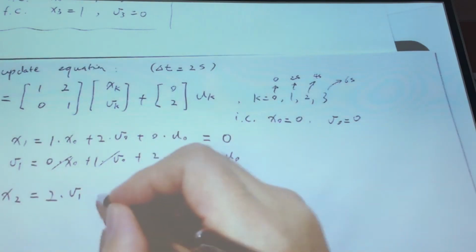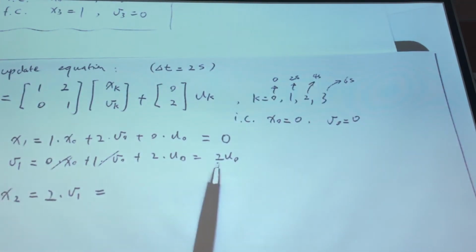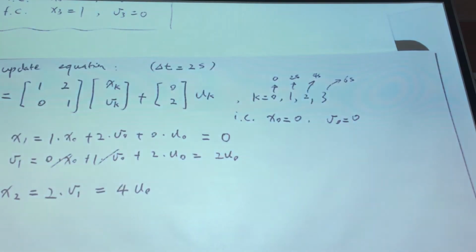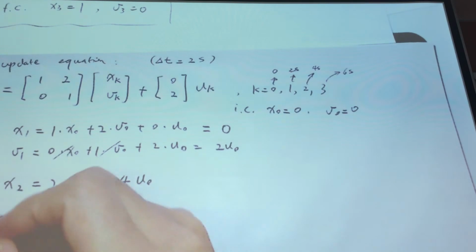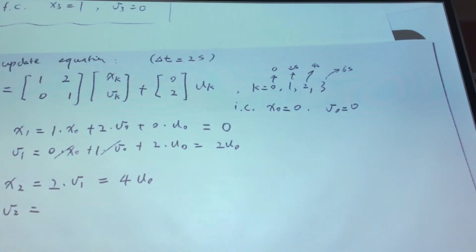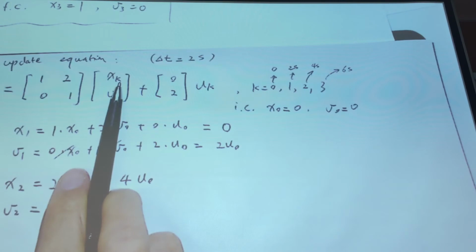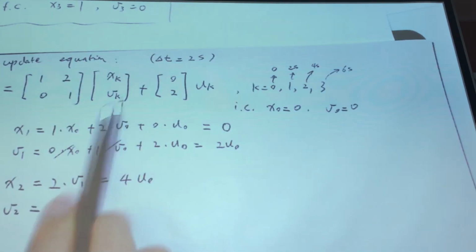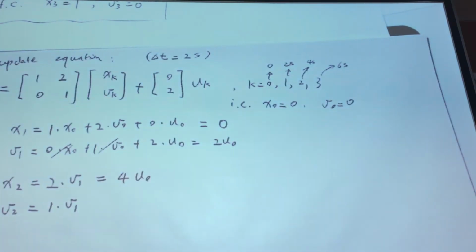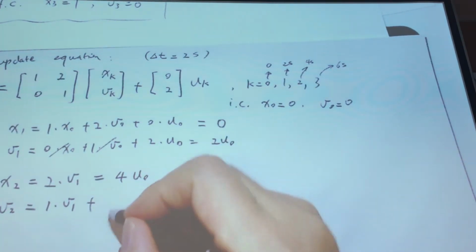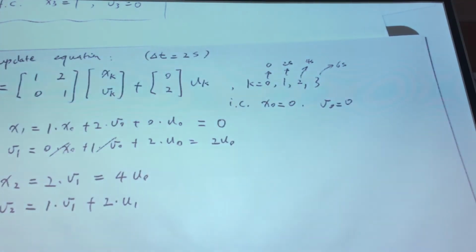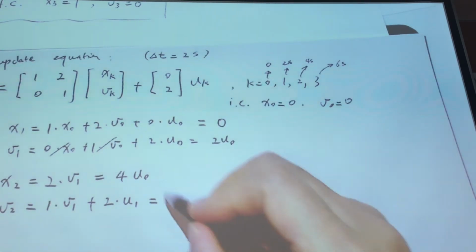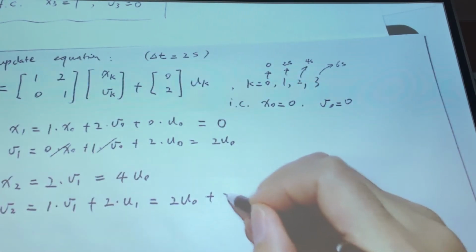The v1 is given by 2u0, so this is given by 4u0. So v2 is given by 0 multiplied by x1 plus 1 multiplied by v1 plus 2 multiplied by u1. The v1 is 2u0, so this is given by 2u0 plus 2u1.